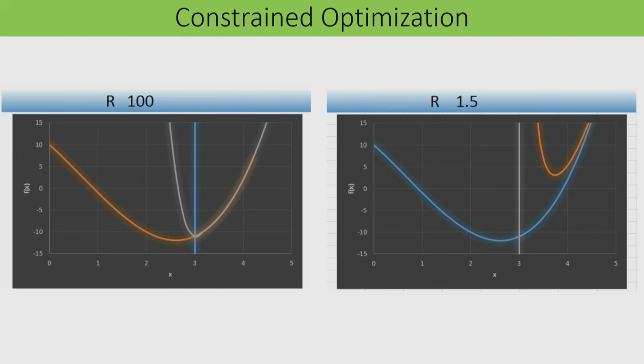In the case of the interior penalty method, you start with a relatively higher value of r and then reduce it, and when r is near 0, you will get the exact constrained optimal solution of this problem.